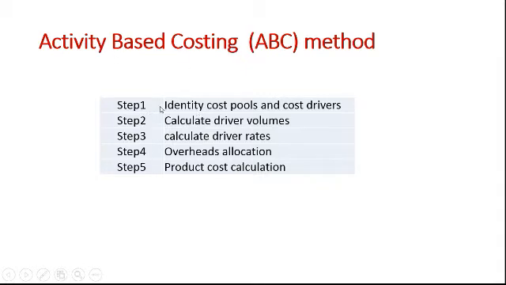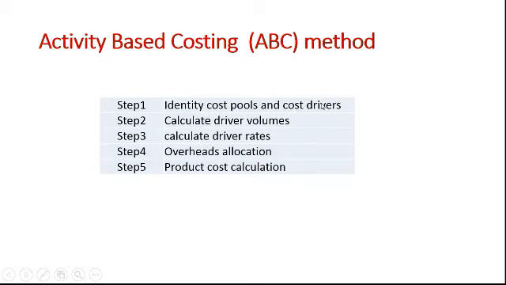So step 1 is look at the question and try to identify the cost pools. A cost pool is just a name given to different categories of overhead costs. So for example, in that table we saw that we had 5 different categories of costs. Those categories of overhead costs are called cost pools.